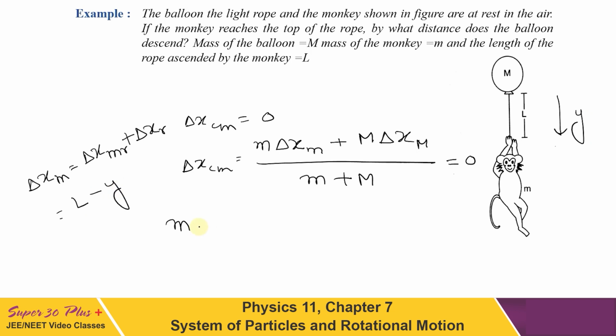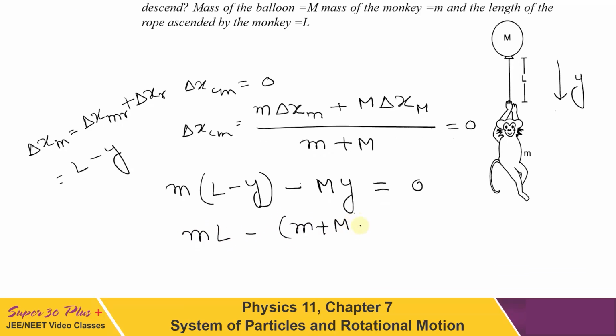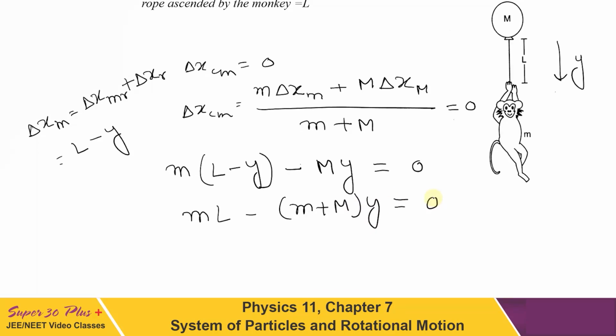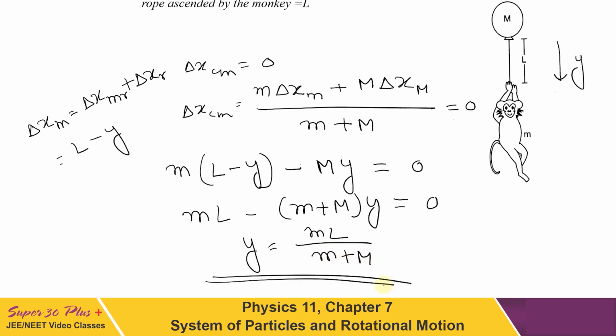And from here we can write m multiplied with (L minus y) minus M y, because the displacement of balloon is y taken in downward direction. This should be equal to 0. On solving, it will be mL minus my minus My equals 0, and then y is equal to mL upon (m plus M). So this is the distance by which the rope or the balloon has to descend, while the monkey has ascended up by a distance L on the rope.